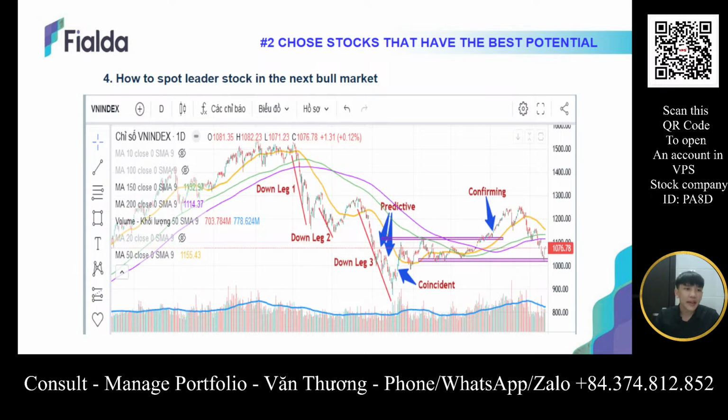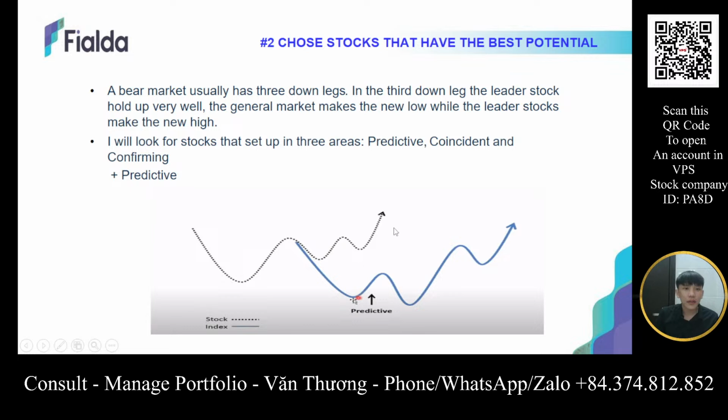I find the leader stocks and leader sectors in three areas that I call: number one, predictive; number two, coincident; and number three, confirming. I'm going to give you charts and specific examples in these three areas. In the chart, the black line is the individual stock and the blue line is the index.